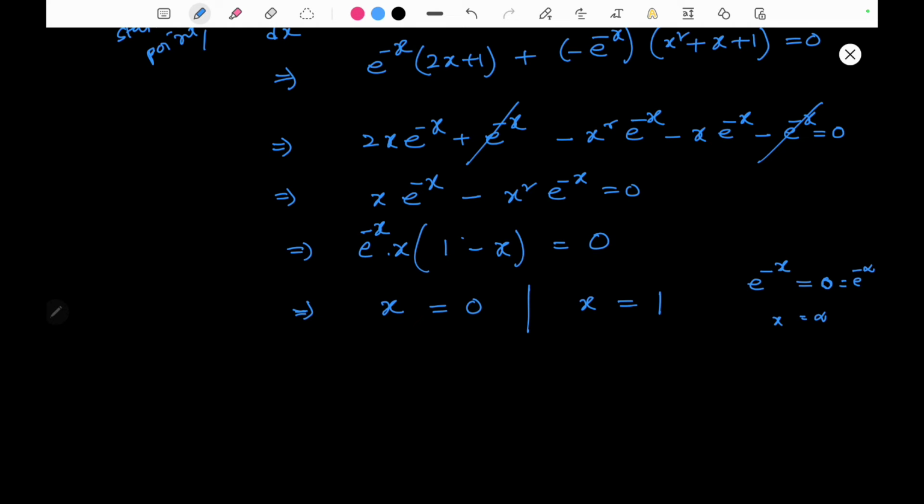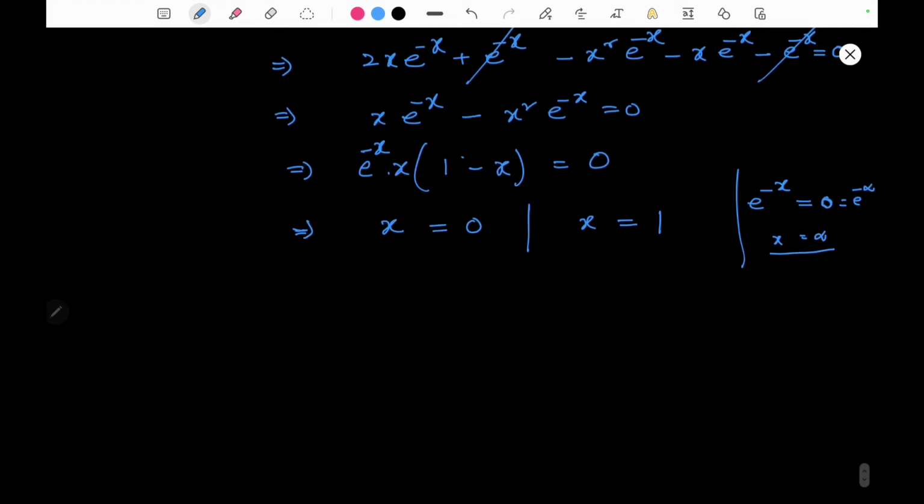What I was saying, we can directly divide here and remove this, or we can write e to the power minus x equal to 0, which is e to the power minus infinity, and we will get x equal to infinity. We can do that, but I think there is no need.